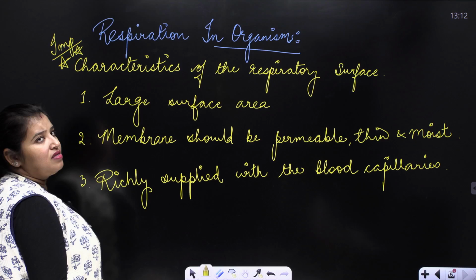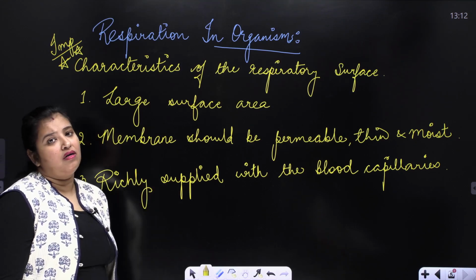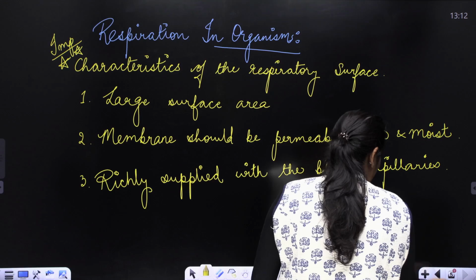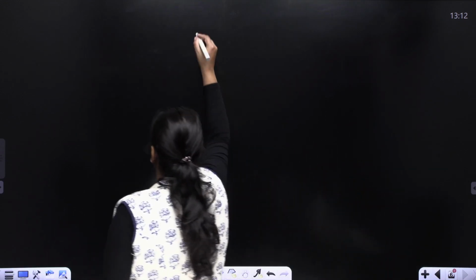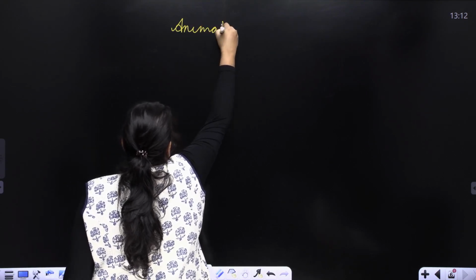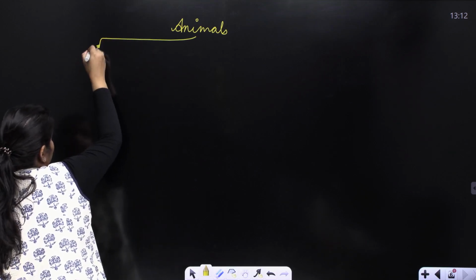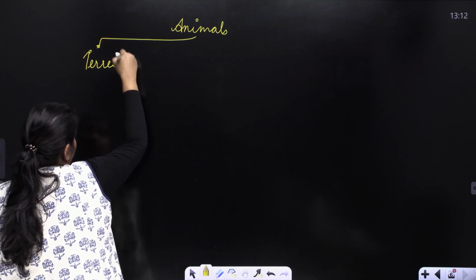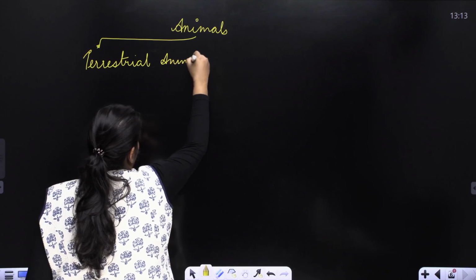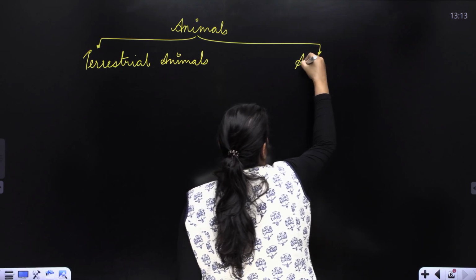They can be asked as MCQ, they can be directly asked as a 3-marker question. Now, let us proceed to the next slide, which says respiration in organisms, that is in animals. We have terrestrial animals and the aquatic animals.